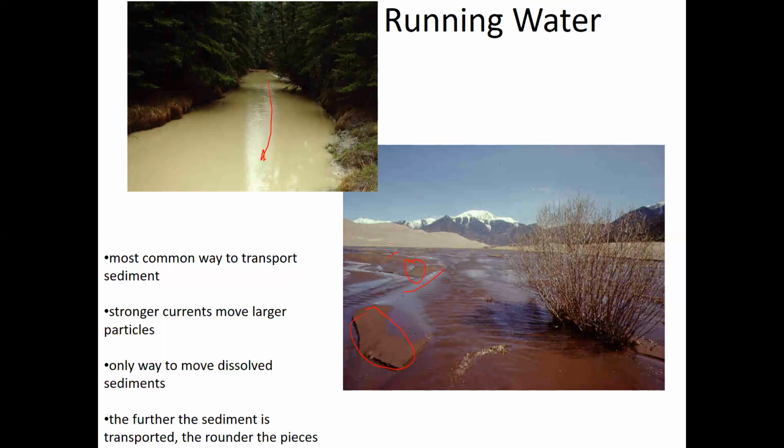Running water is the only way to transport dissolved minerals, which is one type of sediment. And whenever running water transports sediment, the further the sediment is transported by the water, the more rounded the sediment becomes, because the grains of sediment get worn and weathered themselves, and so they become smooth and rounded.